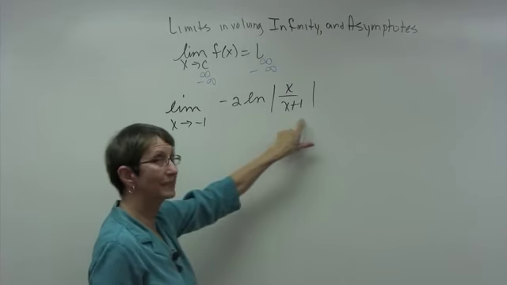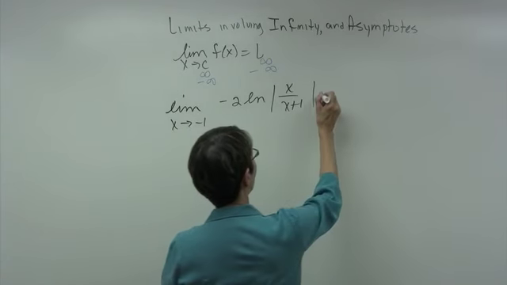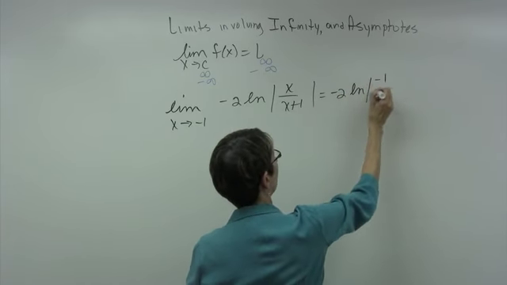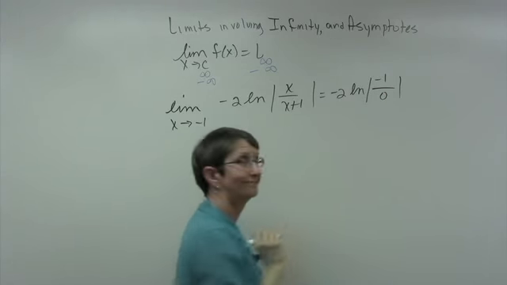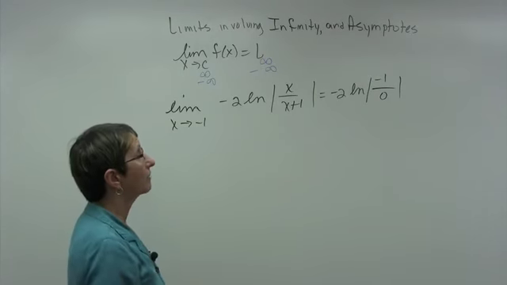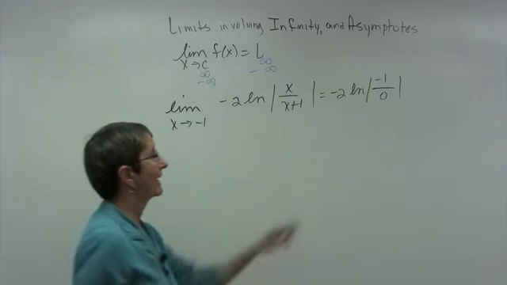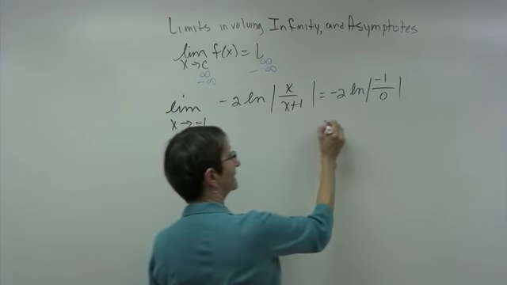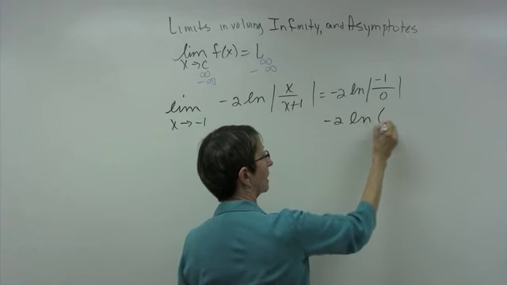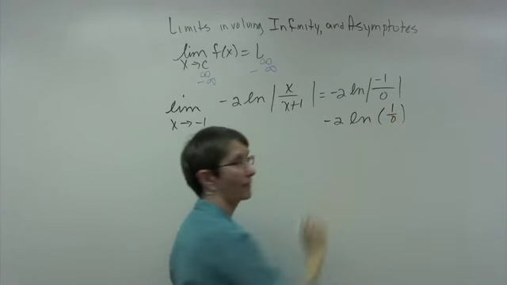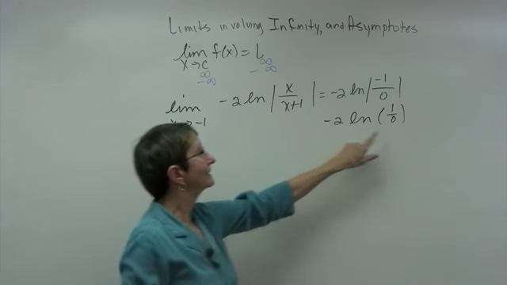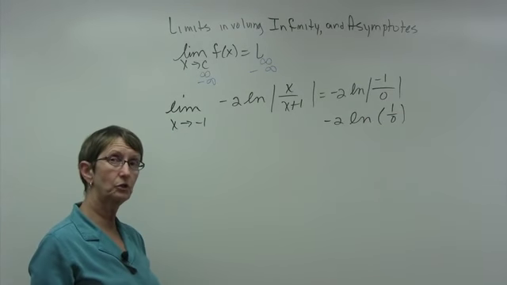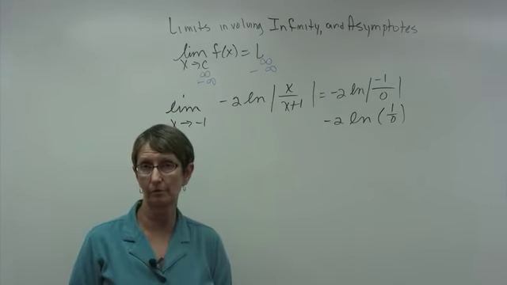If I substitute in here, what I get is -2 natural log of -1 over 0. Can't have 0 in the denominator. If I take the absolute value of that, I would have -2 natural log of 1 over 0. Well, that didn't help. This is not the 0 over 0 that we have alternate things we can do with, but we can always set up a data table.